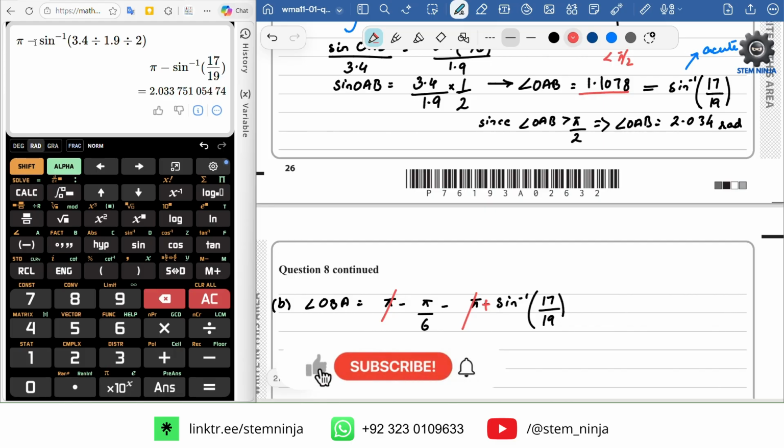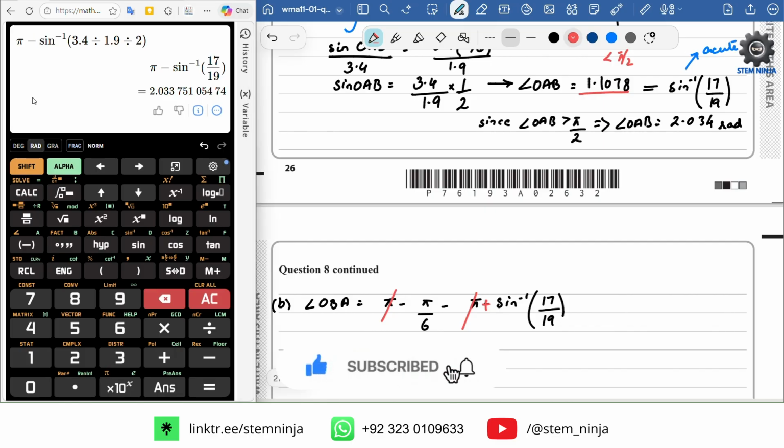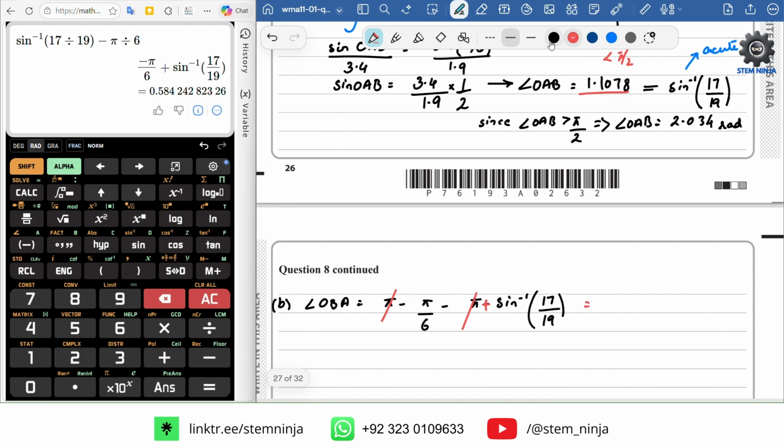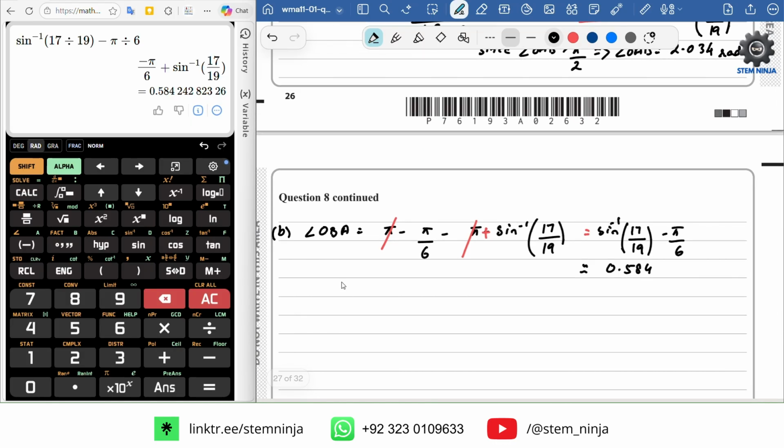You have sine inverse of 17/19 minus pi by 6. So you get approximately 0.584. We don't need this angle as it is. We need this in the form of area of triangle.